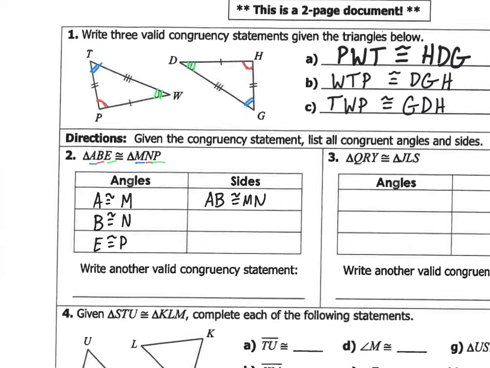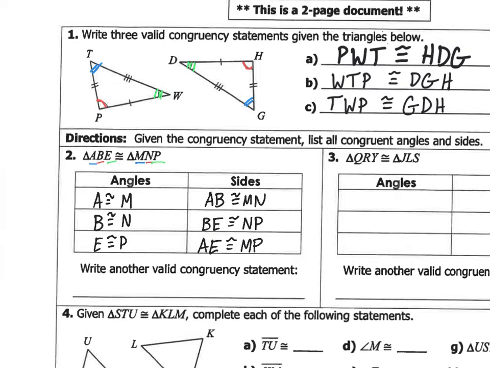What would be another side? BE would be the same as. Good. And your last one? Or AE, either one. And then what? Good.